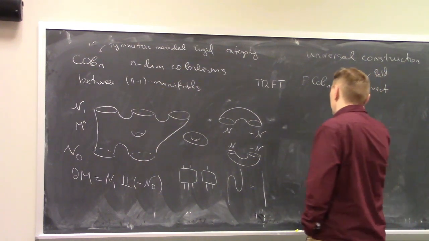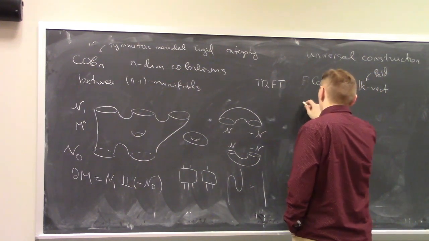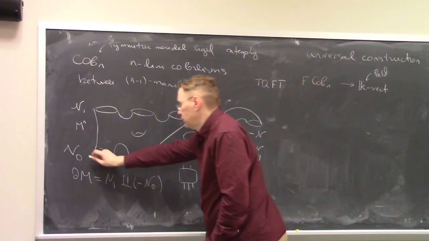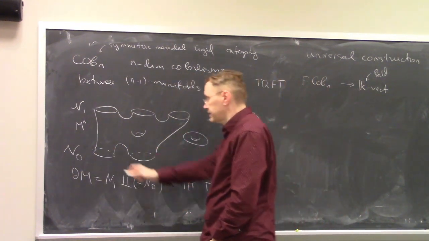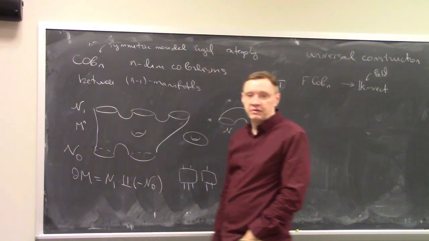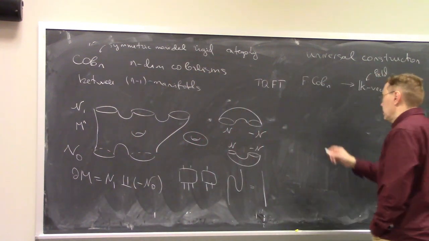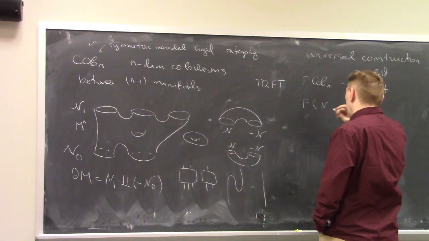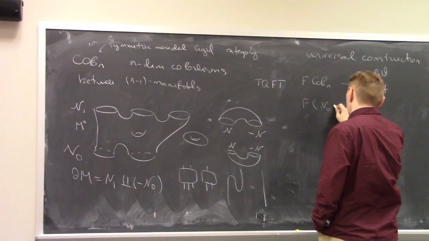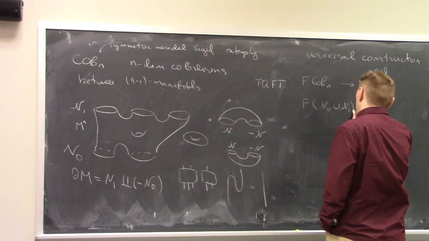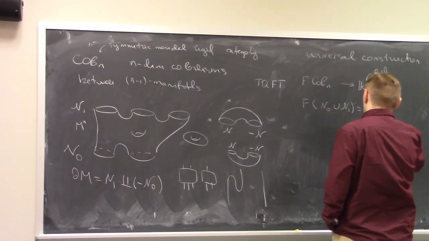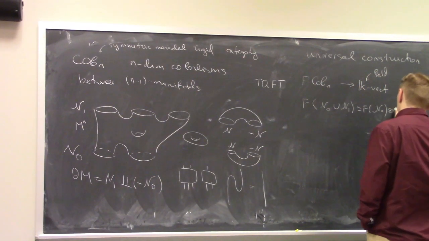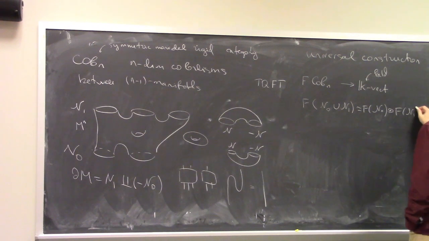And this functor must be monoidal. The functor takes N to a vector space, it takes M to a linear map between vector spaces, and it must be monoidal in the sense that F of the disjoint union of N0 and N1 must be the tensor product of F of N0 and F of N1.